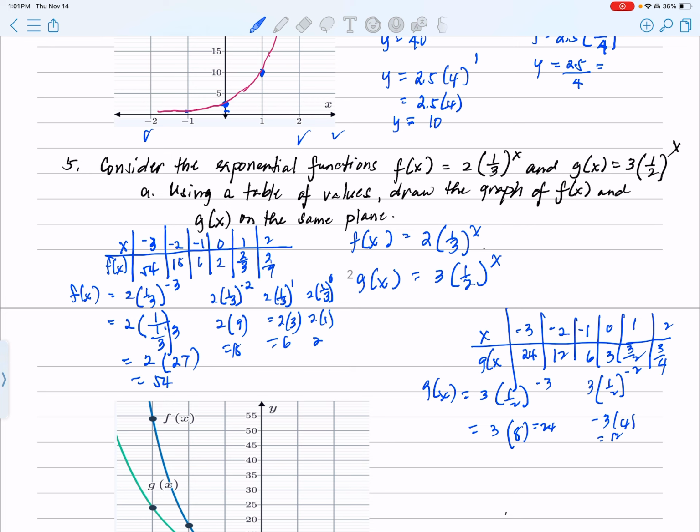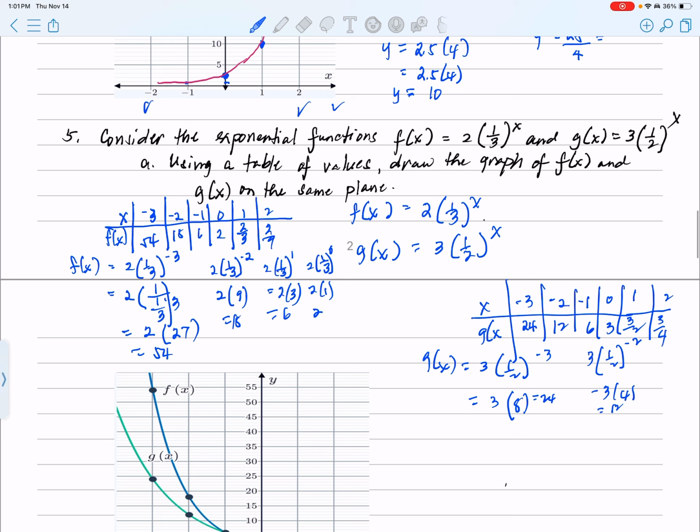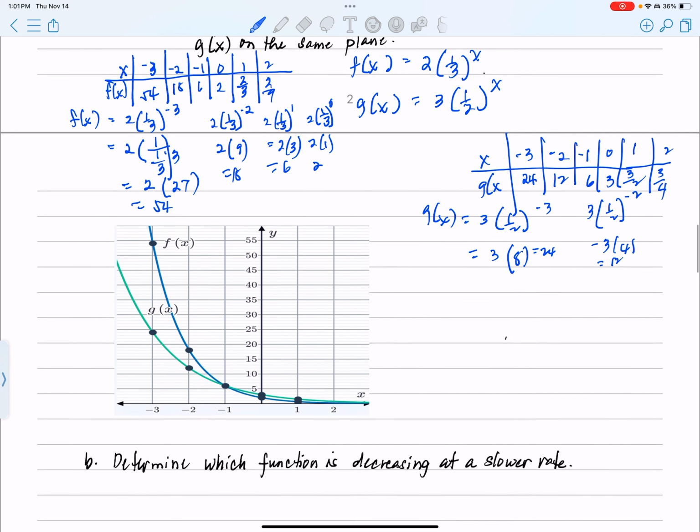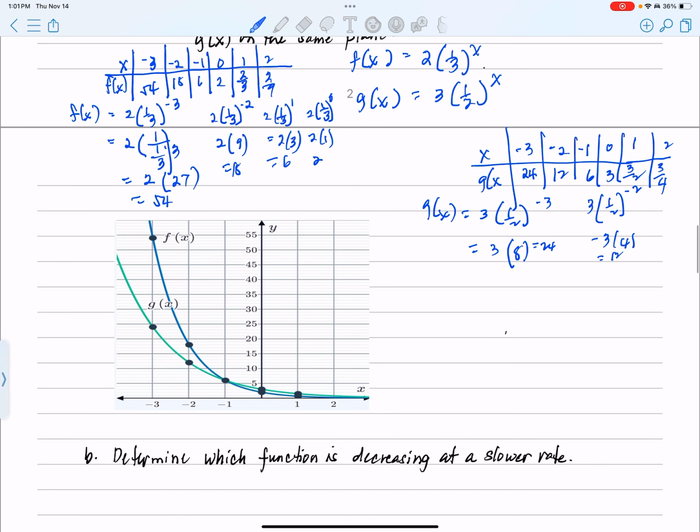Let's say we plotted it. Okay, this is now the graph of g of x and f of x.